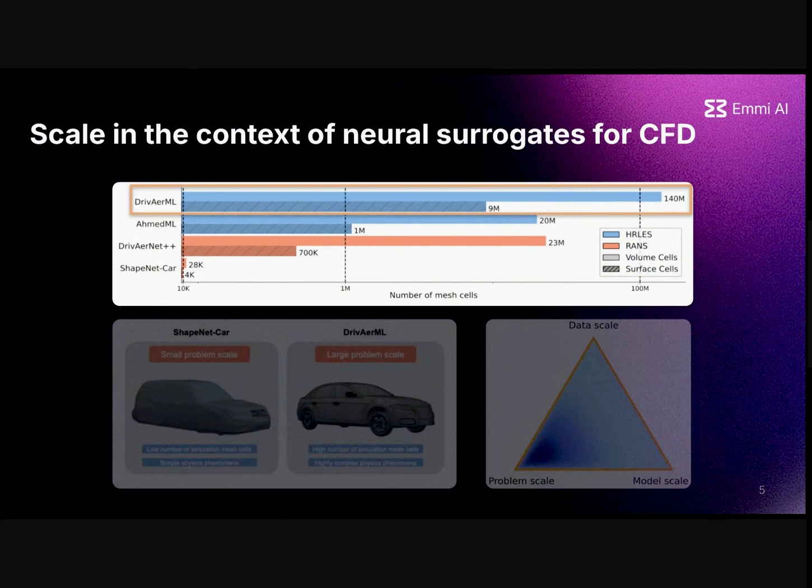So for example, DrivAerML consists of over 150 million simulation cells, and other data sets like AhmedML are an order of magnitude smaller, but still consist of more than 20 million simulation cells.